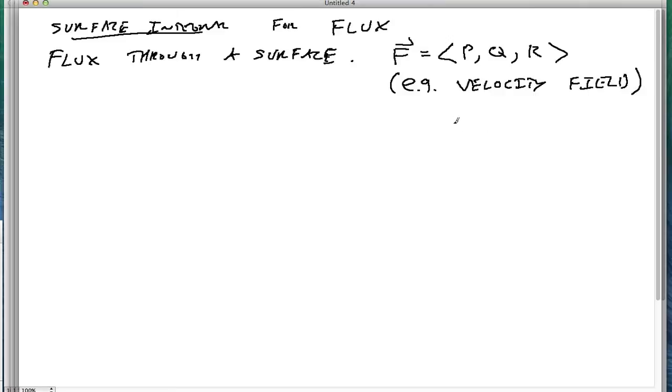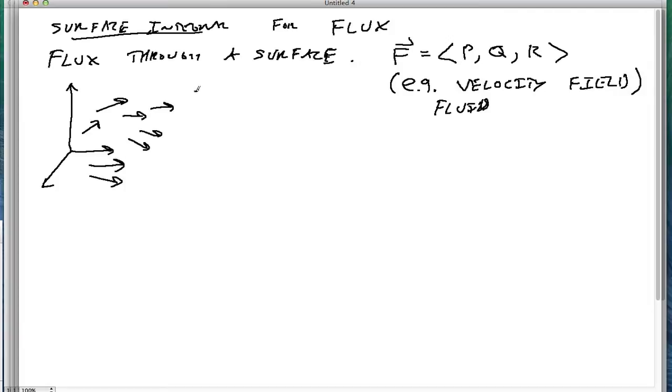We could also have it be an electrical field or a gravitational field, and so on and so forth. But the idea is a velocity field of a fluid, let's say. So we want to know if we have a velocity field in three-dimensional space.